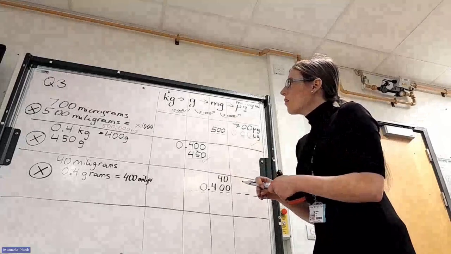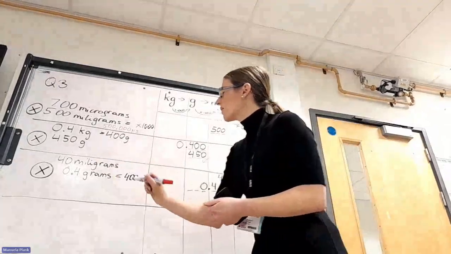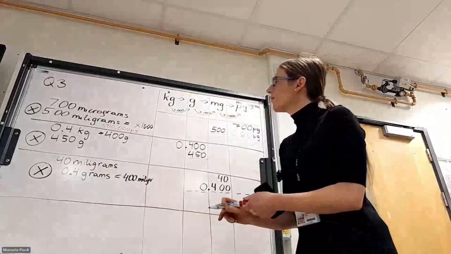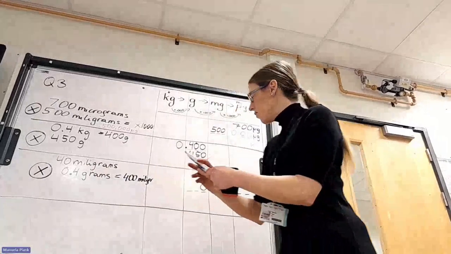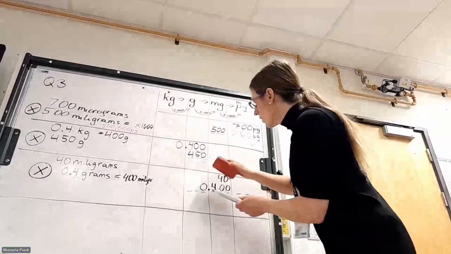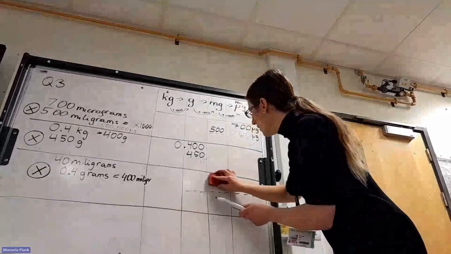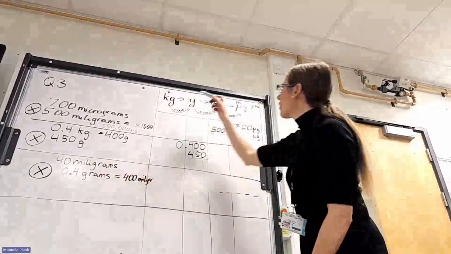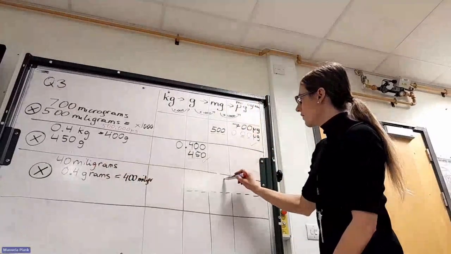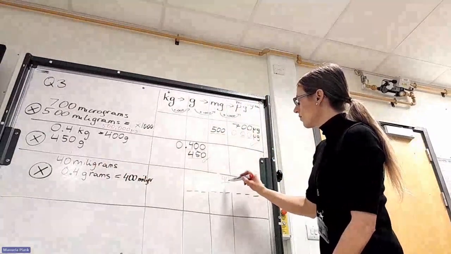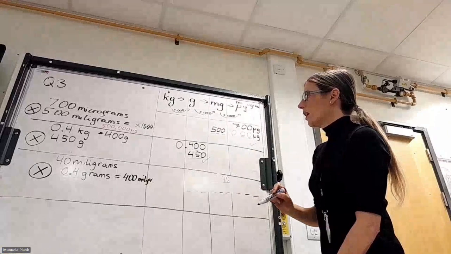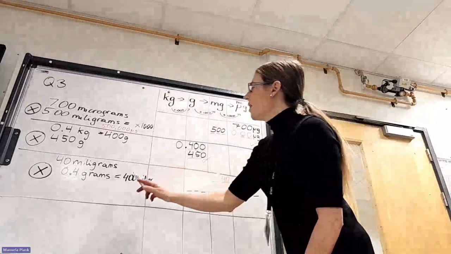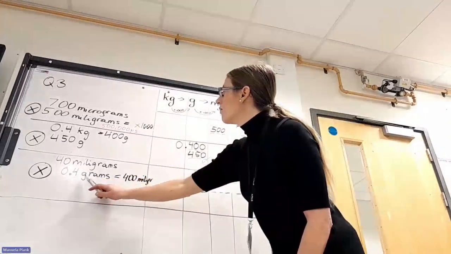Then we go back into our milligrams and grams again. We have 40 milligrams. Do you remember we have only 3 sections each? So 40 milligrams, we go here, is 40. Write it down here. Okay, and then we have 0.4 grams.